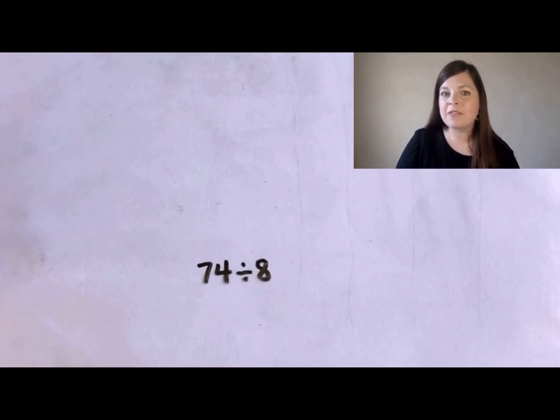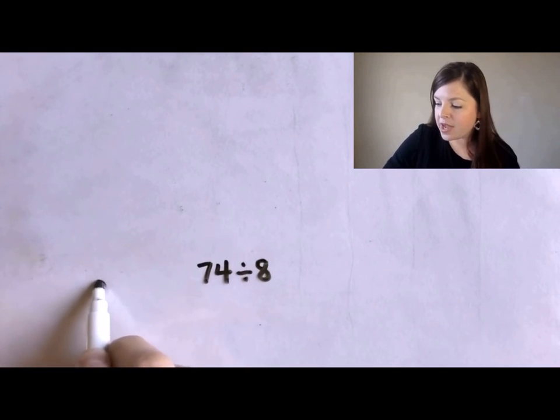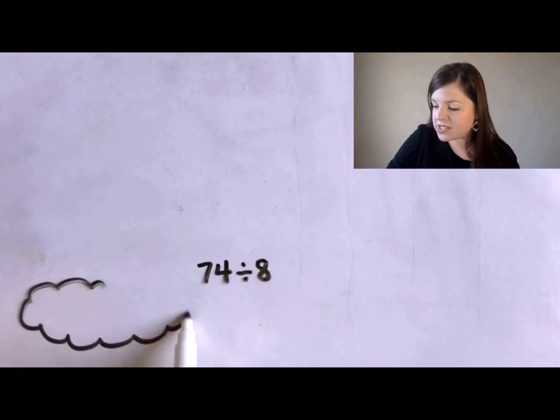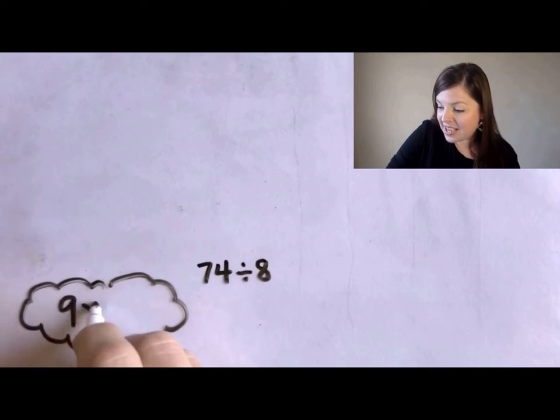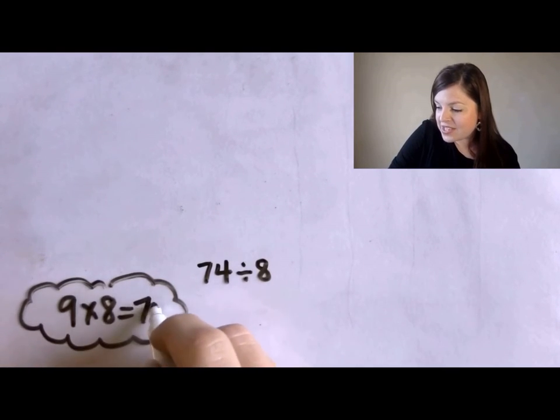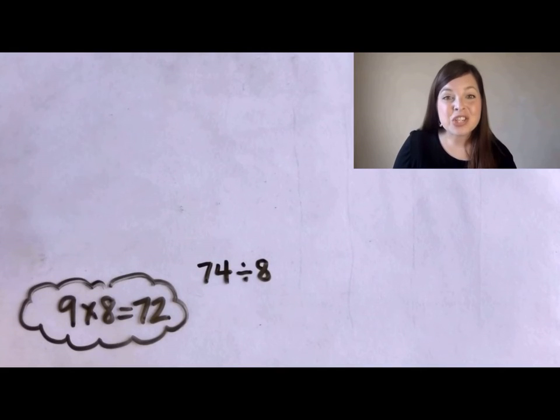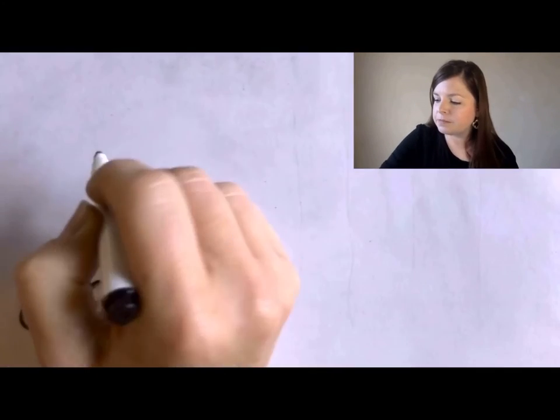So I'm thinking of an 8's fact whose product is close to 74, but not more than 74. Can you guess what fact I'm thinking of? I'm thinking of 9 times 8 equals 72. I can show what I'm thinking using a number bond.